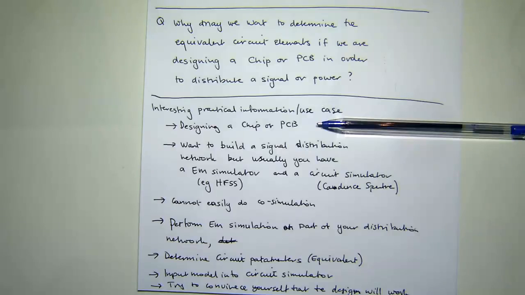The problem, however, is when you're designing a PCB board and you've got a transistor. A transistor isn't well simulated in these electromagnetic packages, because they are solving Maxwell's equations, whereas if you're trying to simulate a transistor or a resistor or something else, what you need is a circuit simulator.